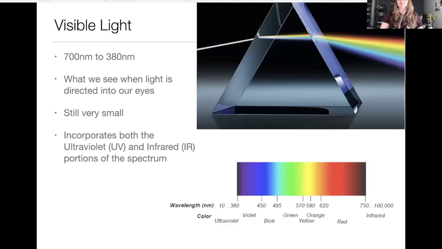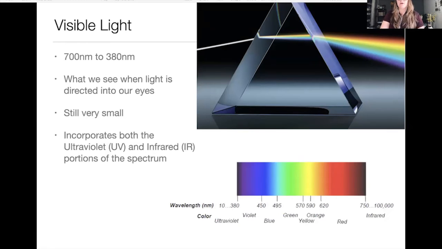Visible light, as we were playing with in the beginning of this class with the prism, is white light that encompasses all of the light that we can see, yet it is still very small. It is between the ultraviolet and the infrared regions of the electromagnetic spectrum.